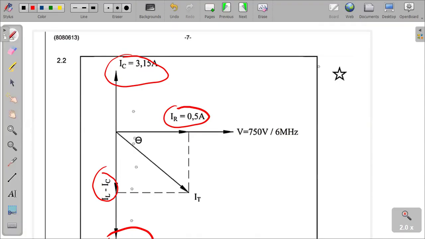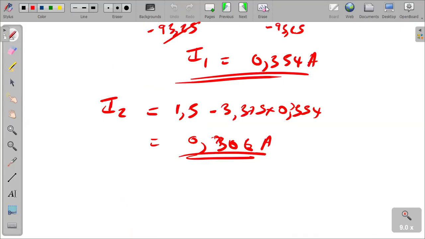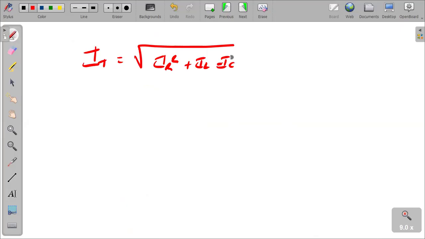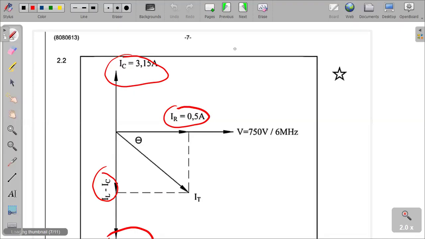Therefore, in order to calculate IT in such a circuit, the formula is IT equal to the square root of IR squared plus (IL minus IC) squared, and bear in mind that this depends on which one is bigger than the other. So we are saying IR, our current, is 0.5.